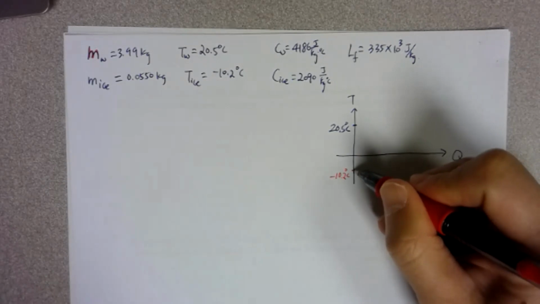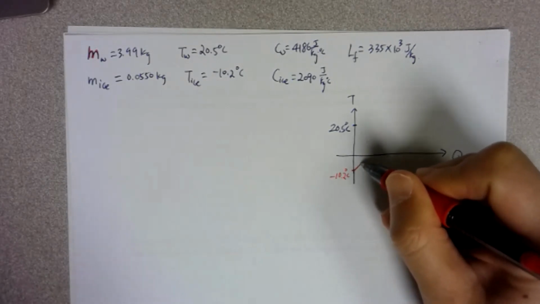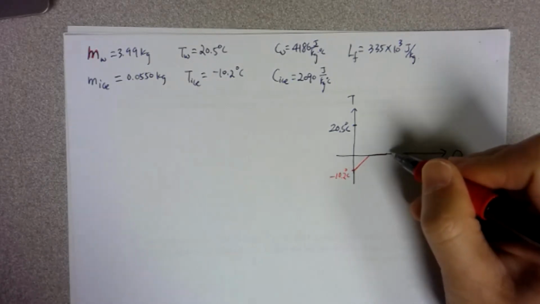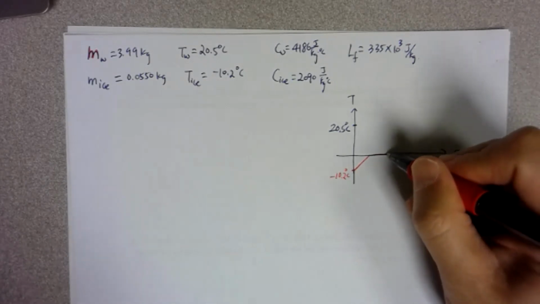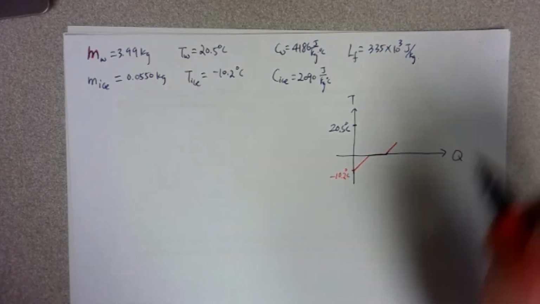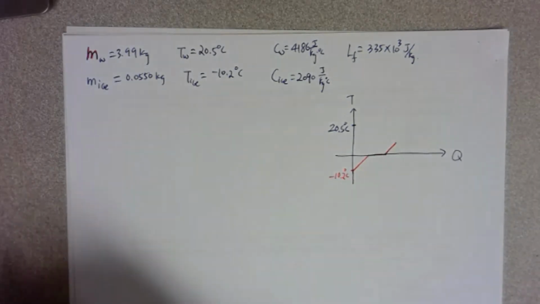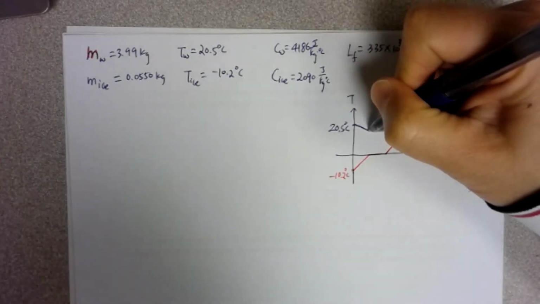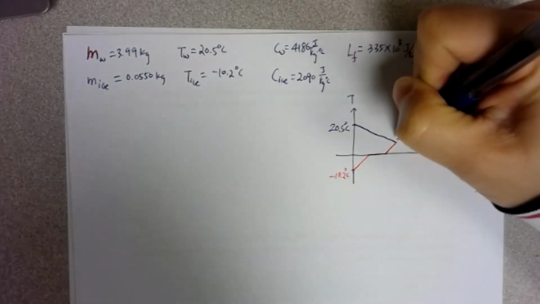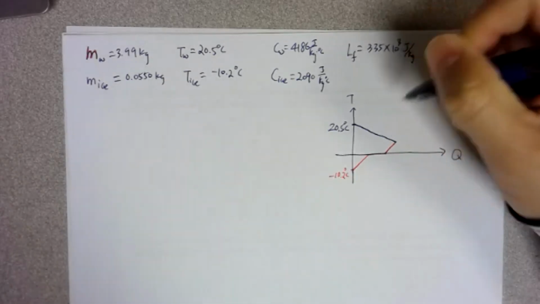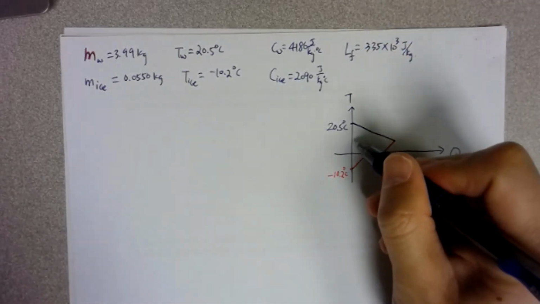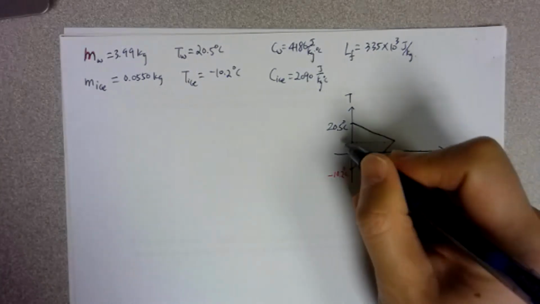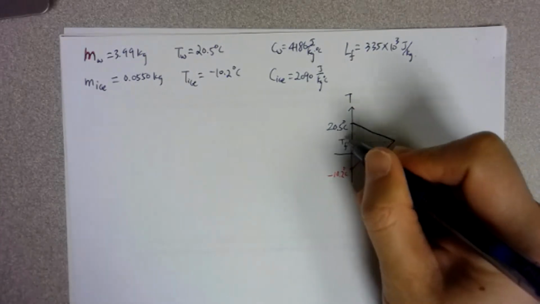The ice temperature is going to be increasing and start to melt, and then the fully melted ice, its temperature is going to be increasing. At the same time, the temperature of the lemonade is going to be decreasing. And at a certain point, these two will meet. This is your final temperature that you're looking for.